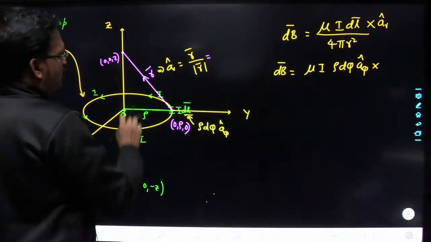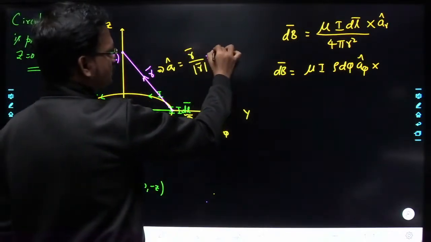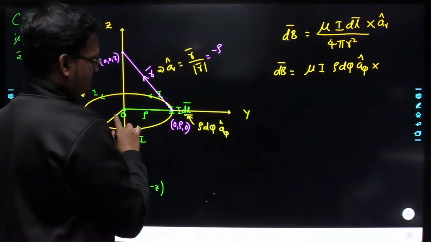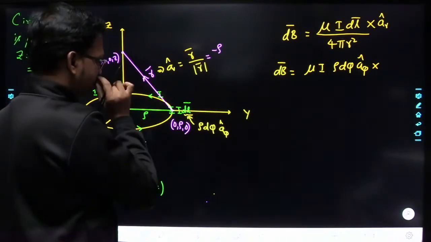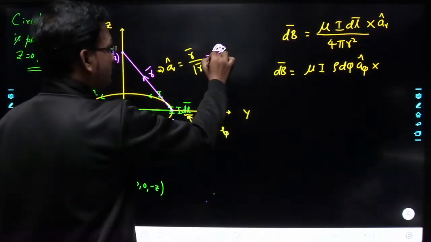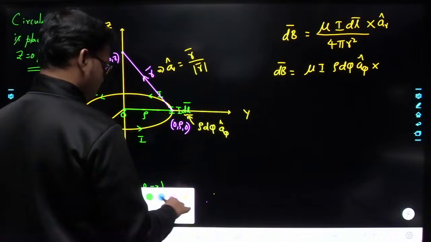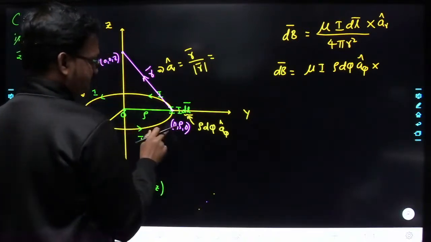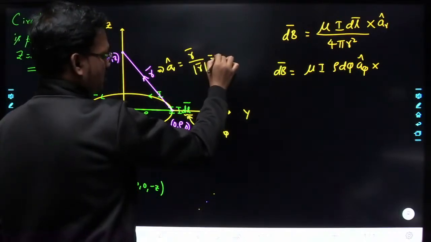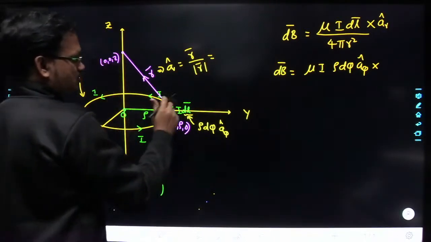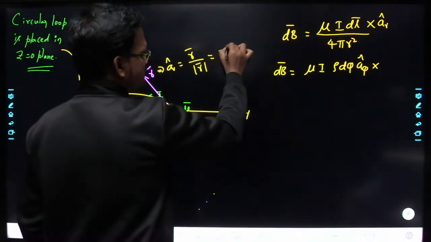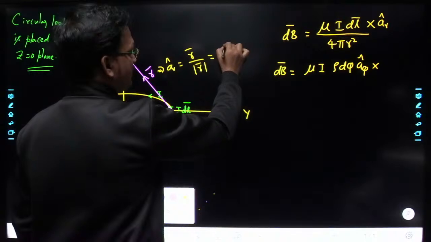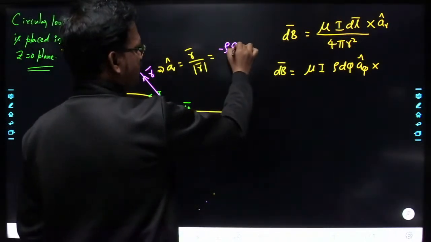So 0 minus 0 will be 0, then 0 minus rho, so minus rho a rho cap.